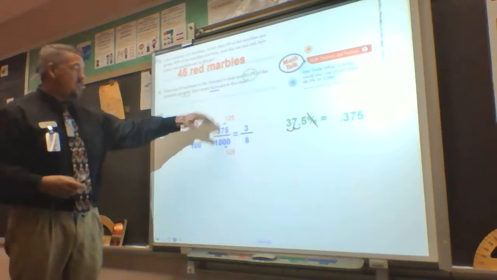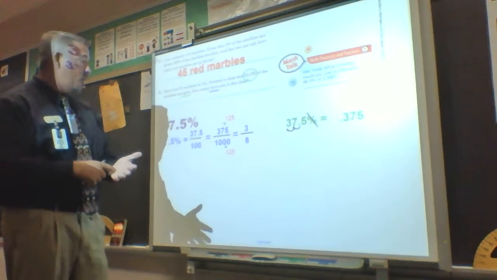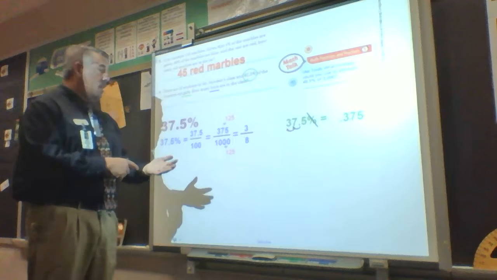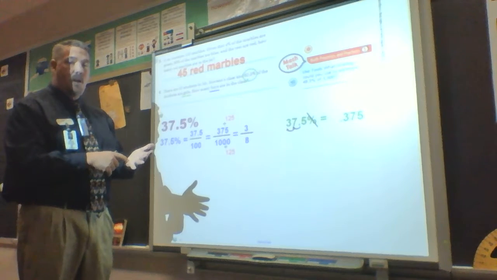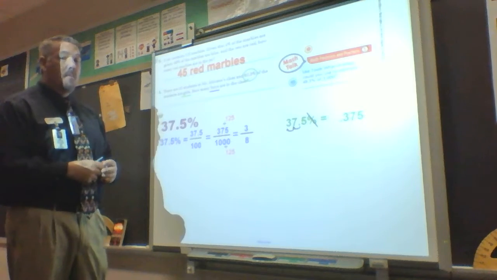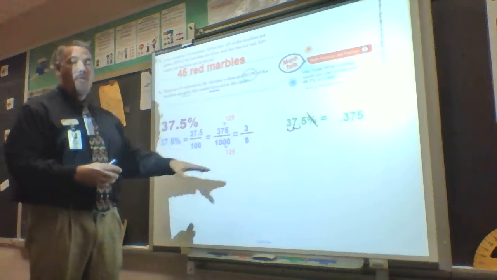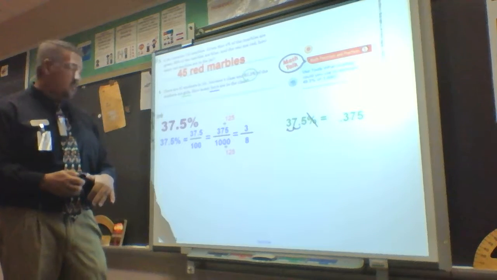Then I can reduce each of them by 125. Now, I'll be honest, I used my calculator for that one because I knew 5 would work, but I still ended up with a larger number than I needed to because I could reduce again. So I looked at it and used my calculator and found out it was 125. The overall fraction I'm going to use is my 3/8.